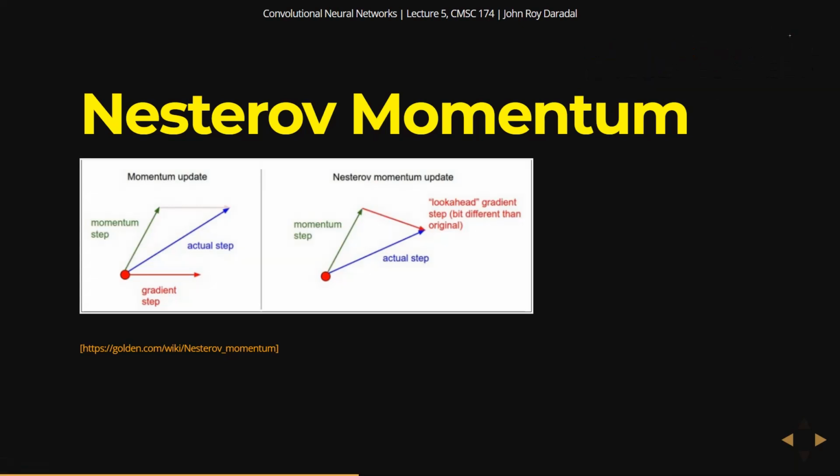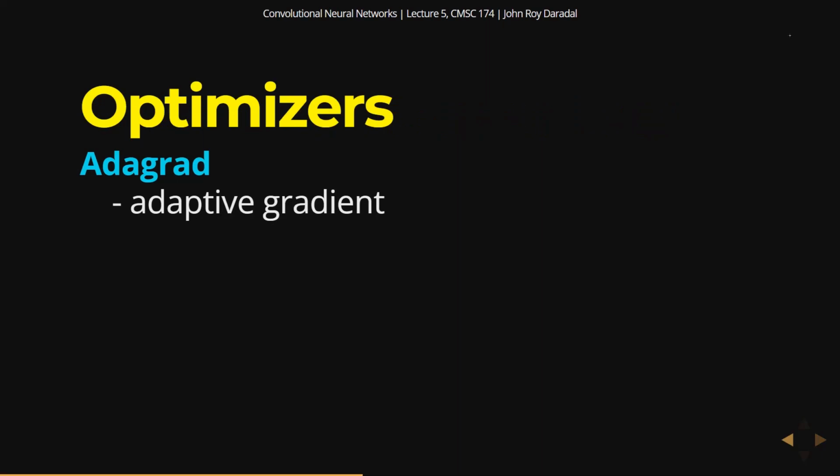So that's Nesterov momentum. Other optimizers include ADAGRAD, which stands for adaptive gradient, and what this does is it has an adaptive learning rate. So it doesn't only use a single learning rate value.